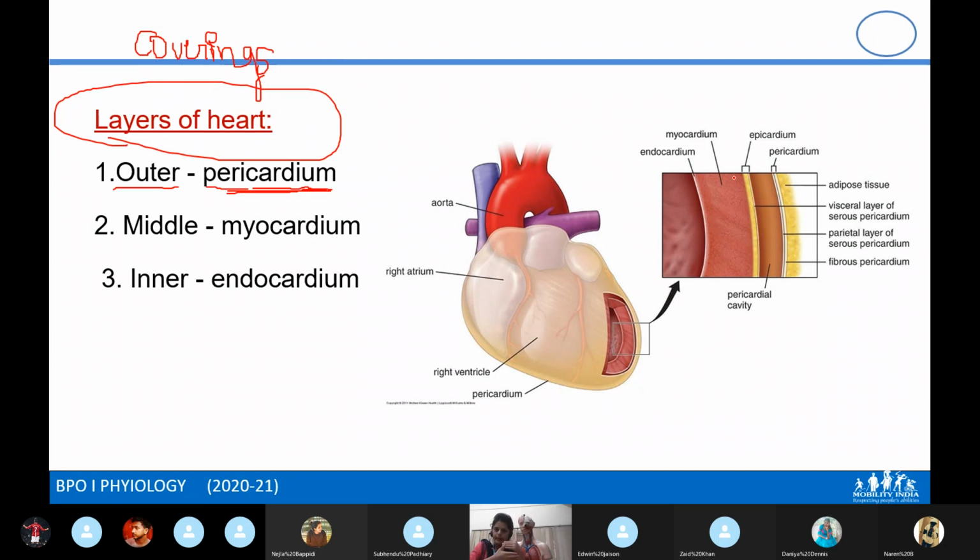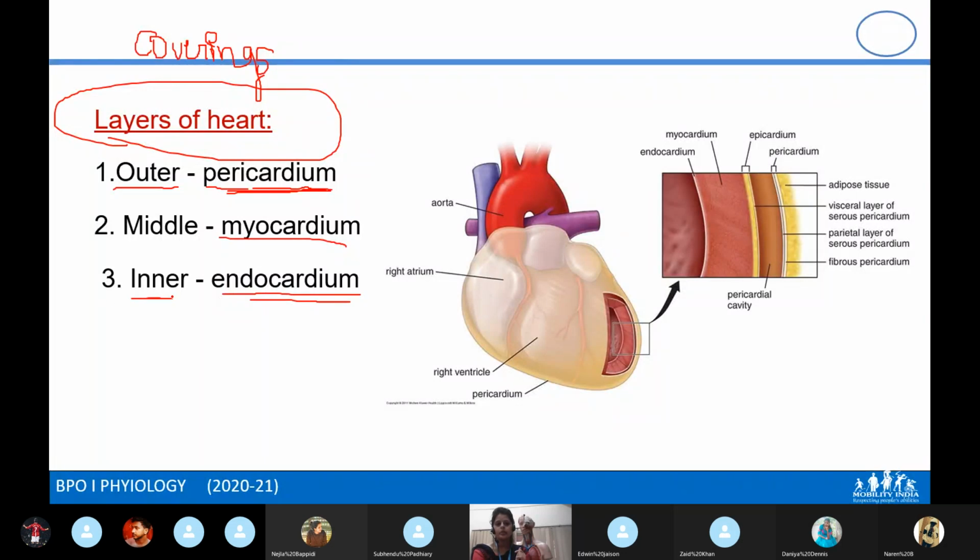The middle covering, if you come inside, is called myocardium. Deep inside, where the blood is present, the internal layer of the heart is called endocardium.